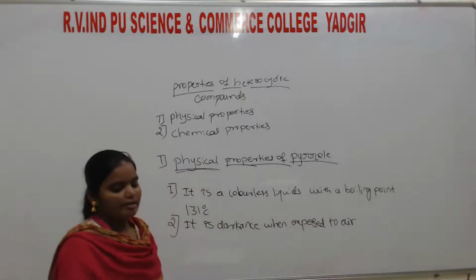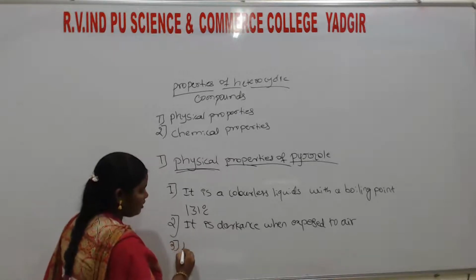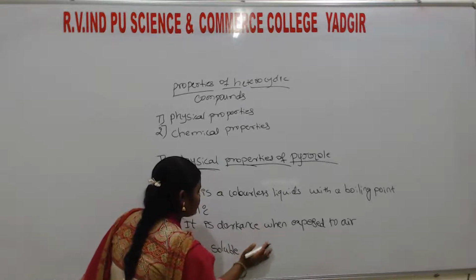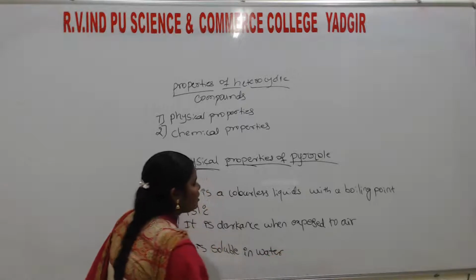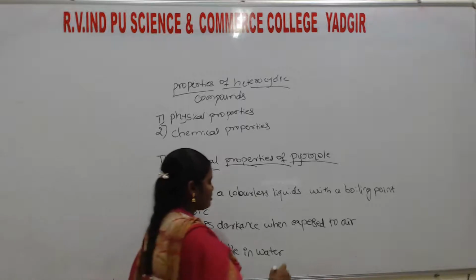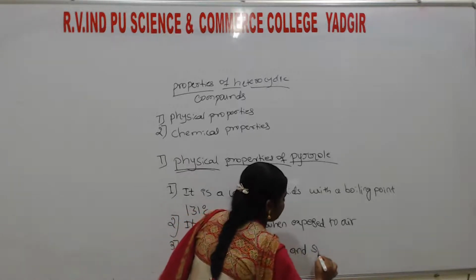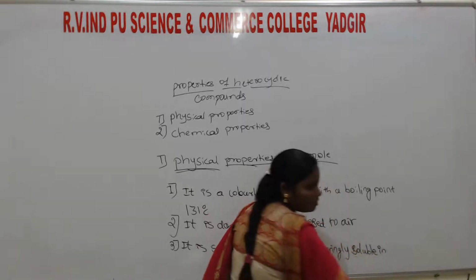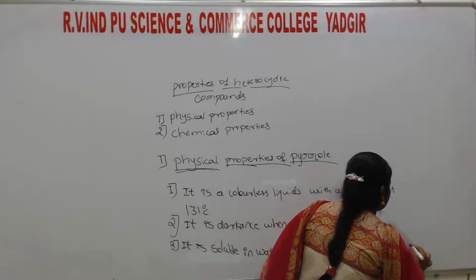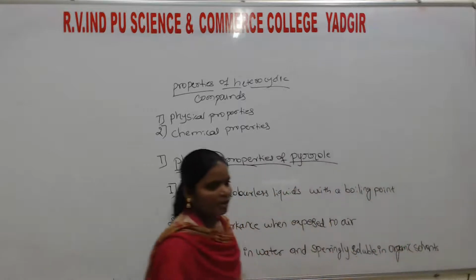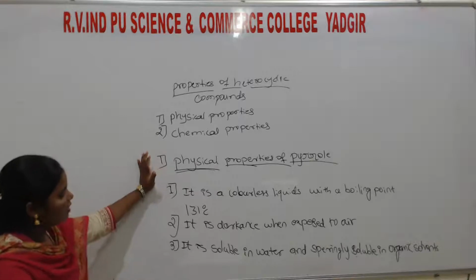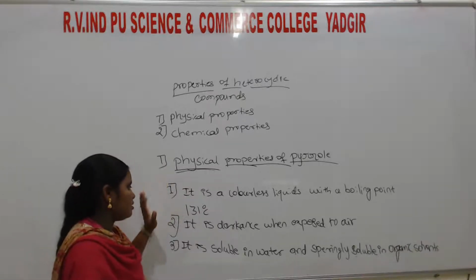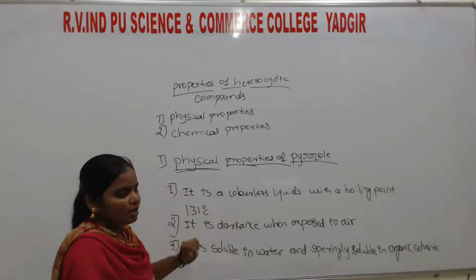And the third physical property, it is soluble in water and sparingly soluble in organic solvents. To summarize the physical properties of pyrrole: first, it is a colorless liquid with a boiling point of about 130 degrees Celsius.